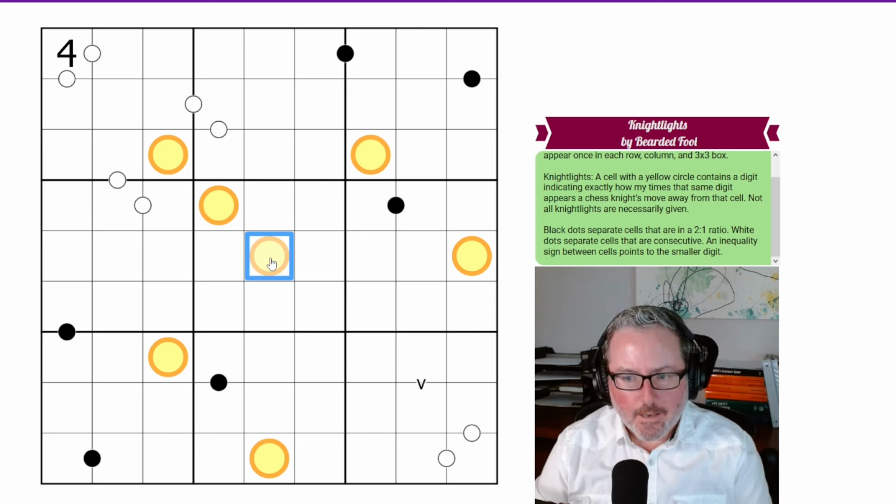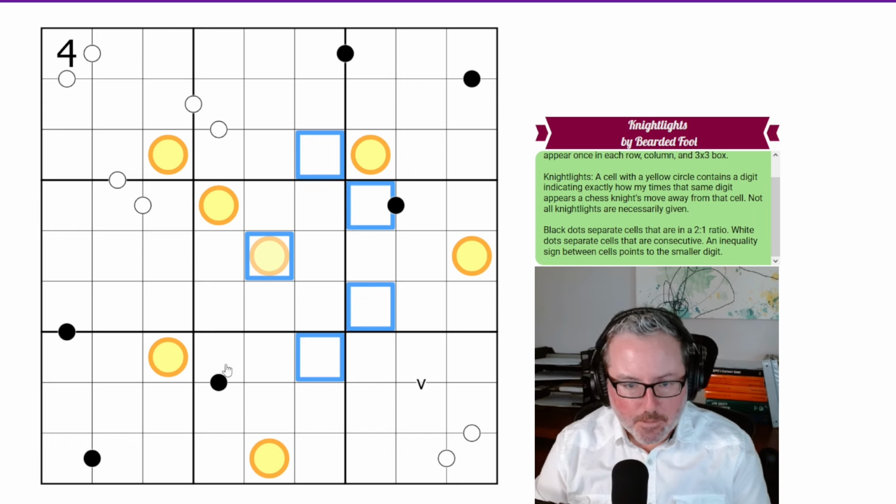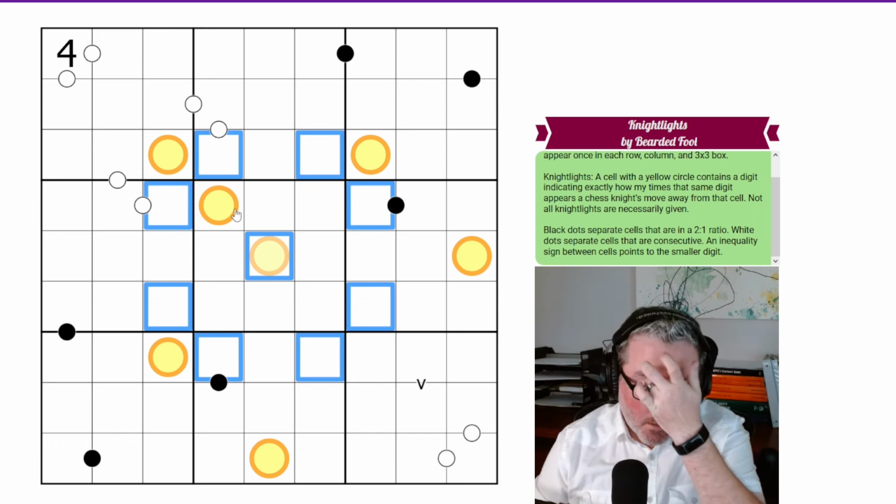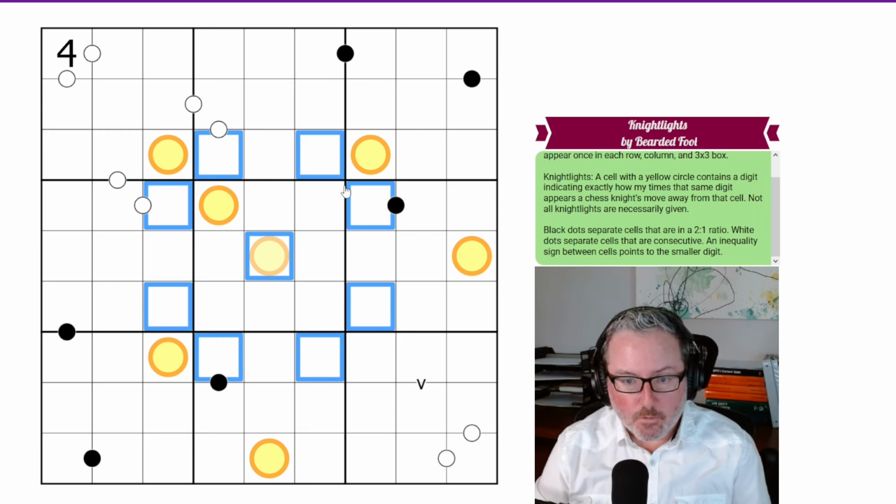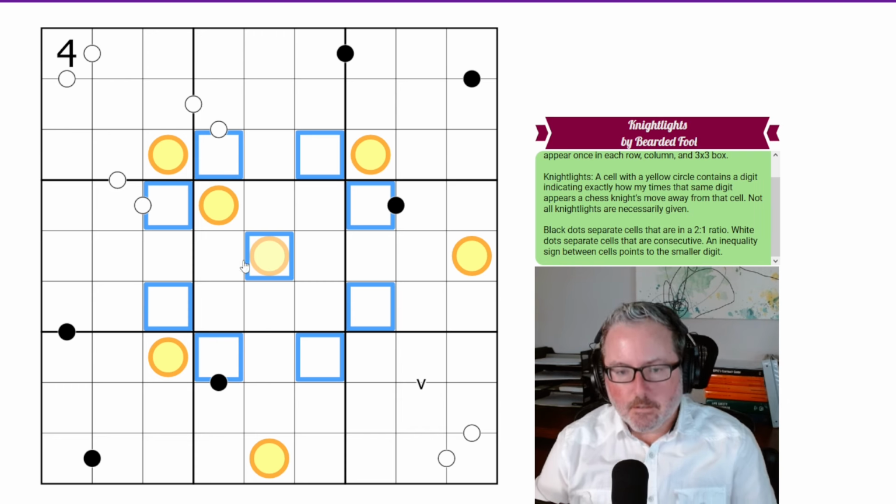Well, when we look at a chess knight's move set, that's probably the best way to describe what they are. In chess, a knight can move to any of these positions from this one position. Those are just the rules of chess. Normally in a knight's move Sudoku, we'd be talking about a negative constraint where none of these could be that same digit.